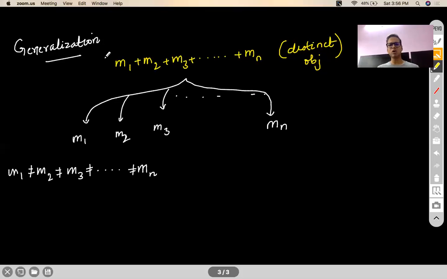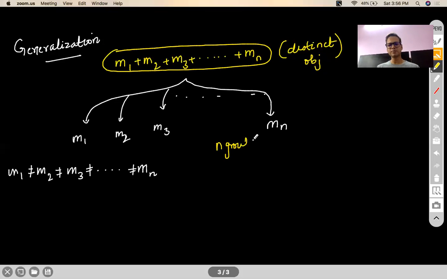You have this many objects with you, total number, and you're dividing it into n groups, such that each group contains a different number of values, or a different number of objects in it.